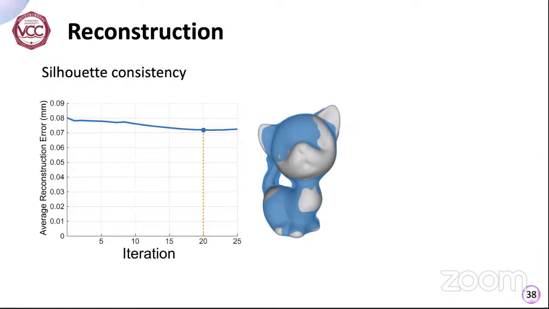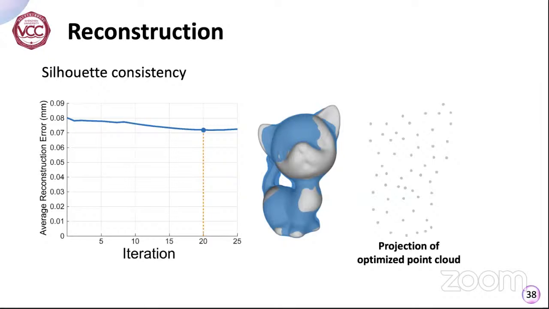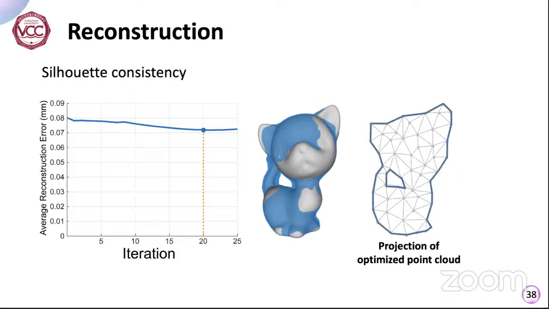So based on this observation, we propose the silhouette consistency. In order to extract the boundary, we first project this point cloud onto the image plane of each camera. The area covered by the points is determined by the KNN graph. Then we extract the boundary of this area.